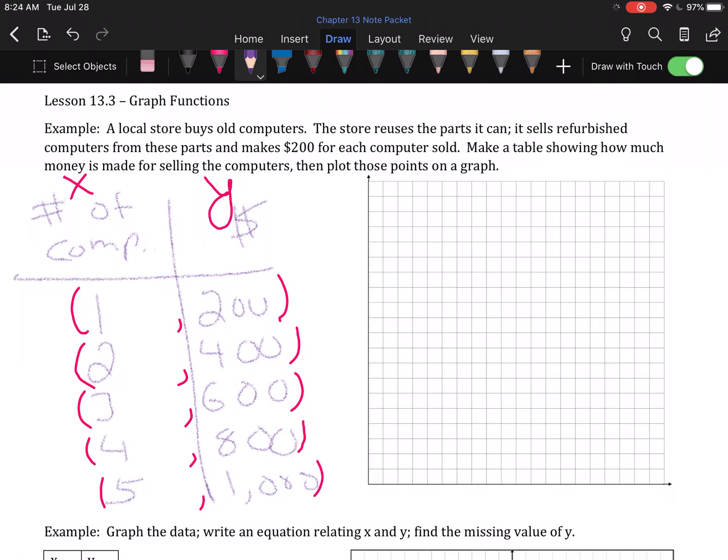We have here a coordinate plane that is just the first quadrant, which is all I need because all of the numbers are positive. What it doesn't have on it are units to count by. On the x-axis, that's not really a problem. The x values are the numbers of computers, and those are just 1, 2, 3, 4, and 5.